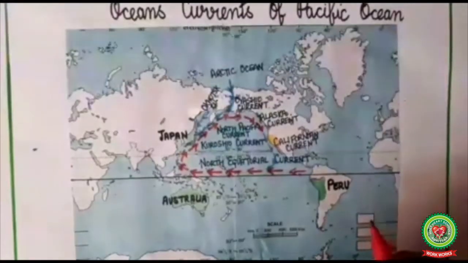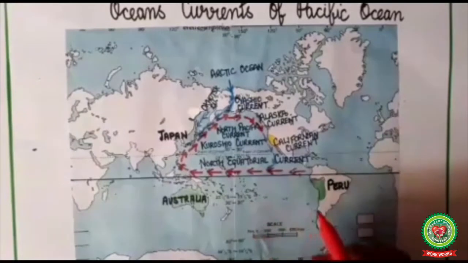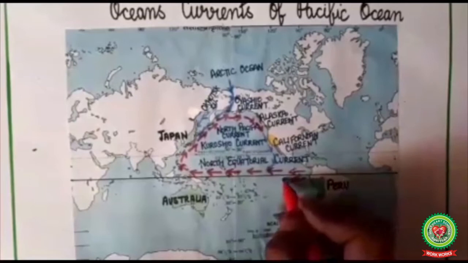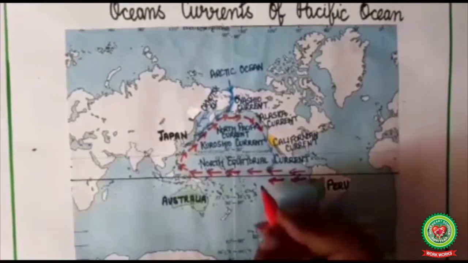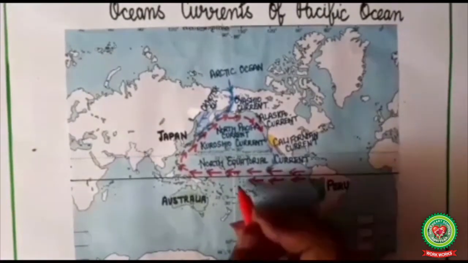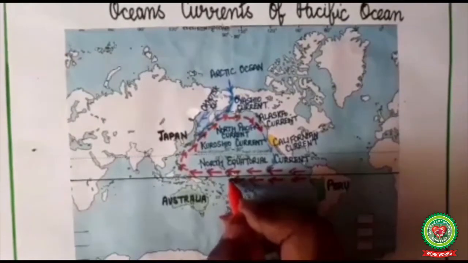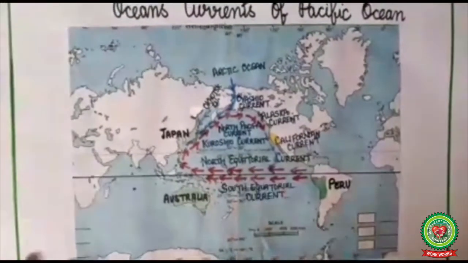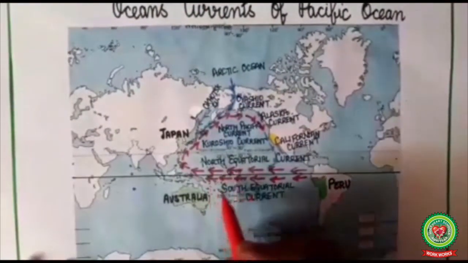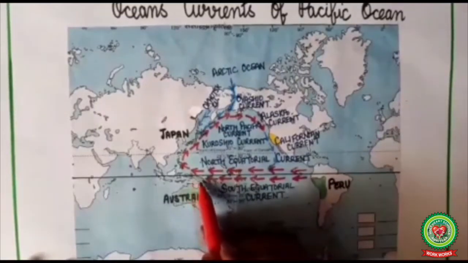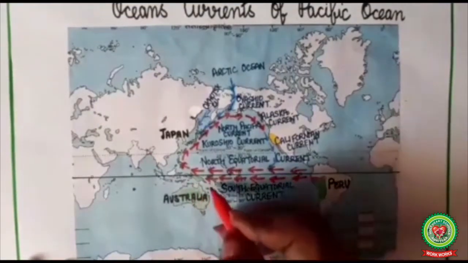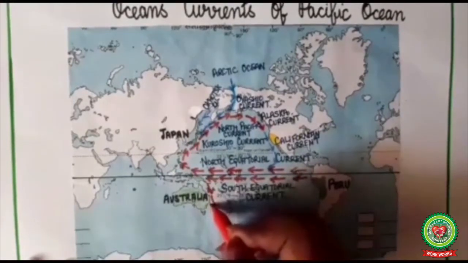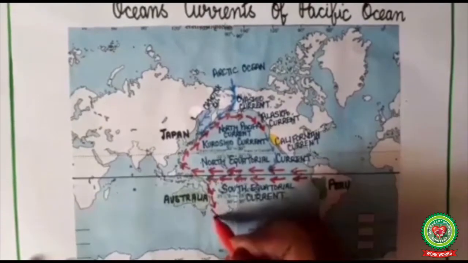The first ocean current of the South Pacific Ocean is the South Equatorial Current, which runs parallel to the equator, and the North Equatorial Current from east to west. The South Equatorial Current strikes New Guinea island, then it deflects towards the south along the eastern coast of Australia.